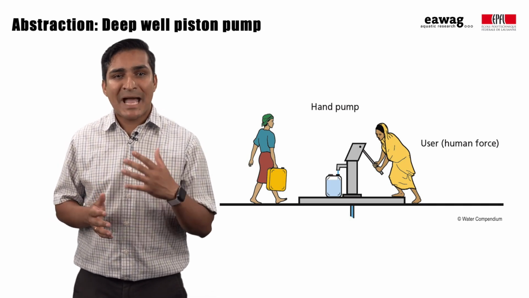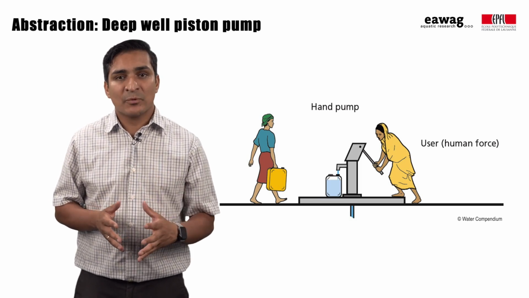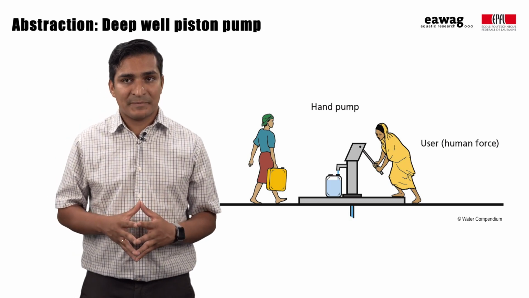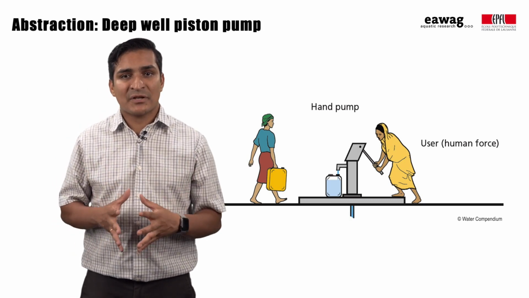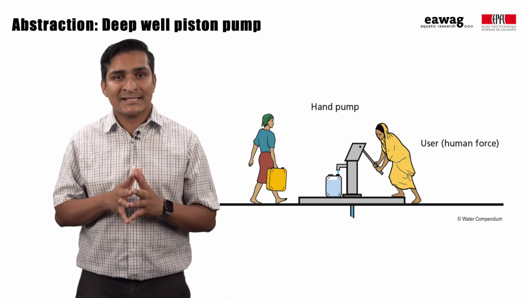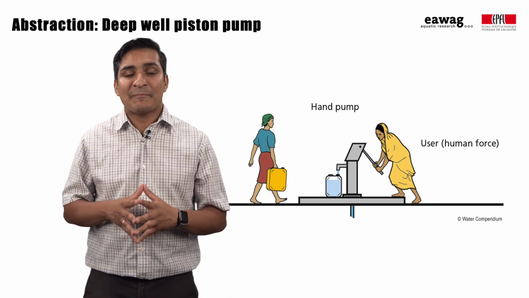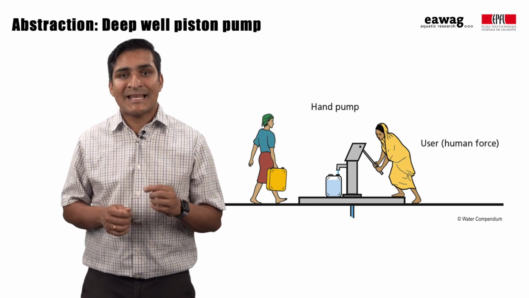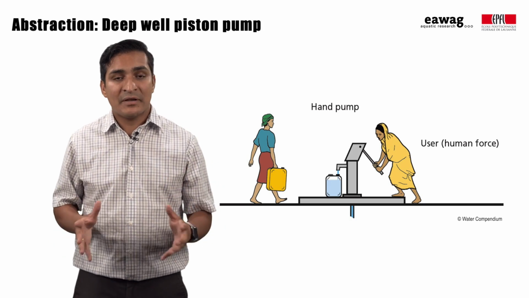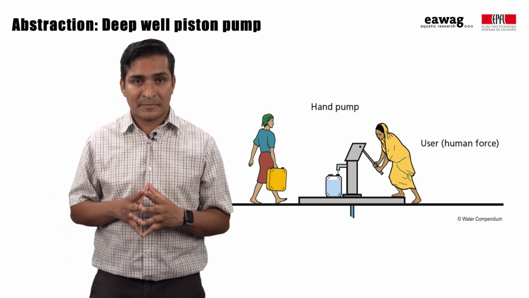Hand pumps are manually operated, and transport of the pumped water to the home also requires human energy. The main advantages of this abstraction arrangement are that it's capable of accessing deep aquifers that might otherwise remain inaccessible, and water from deep wells is generally free from microbial contamination.